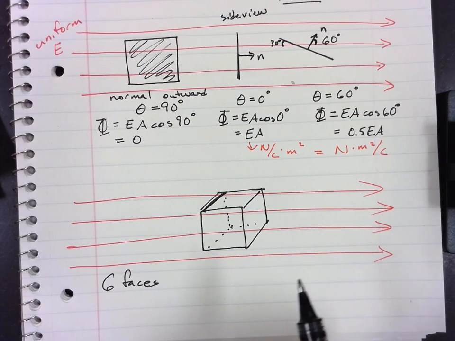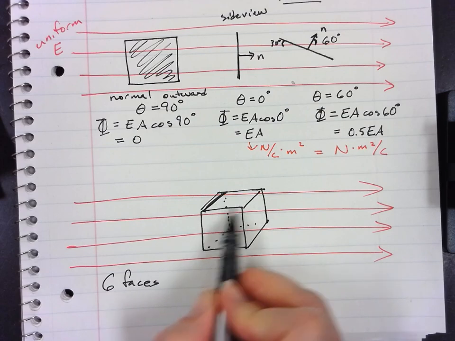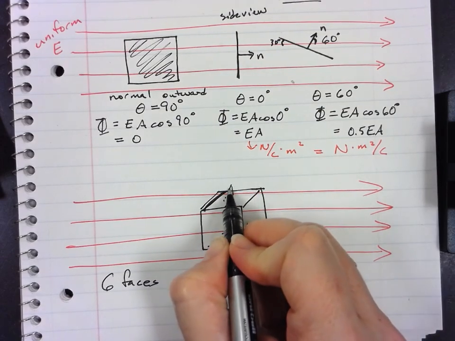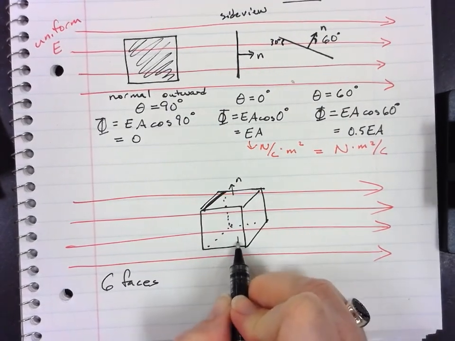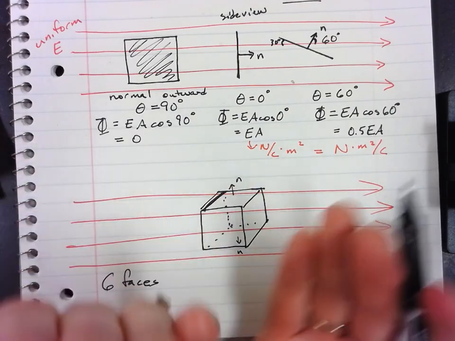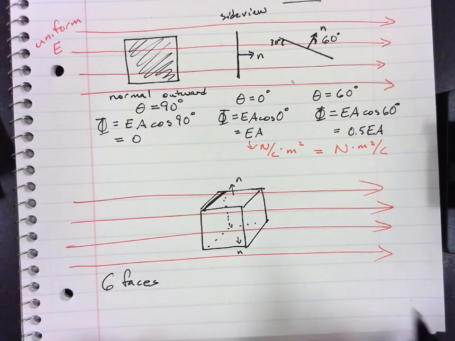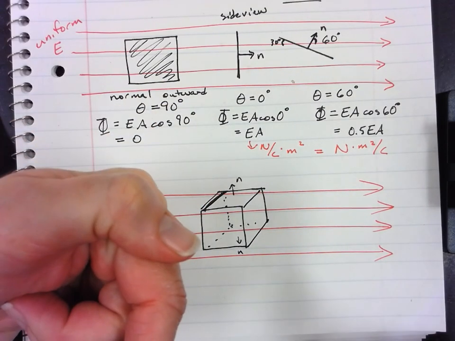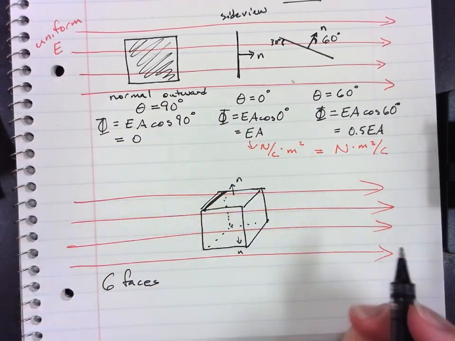But there's a lot of simplification. This top surface, the normal's upward. The bottom surface, the normal's downward. This front one, the normal, and again, I tilted the whole 3D drawing, but it's out of the page, and the back surface, it's into the page.